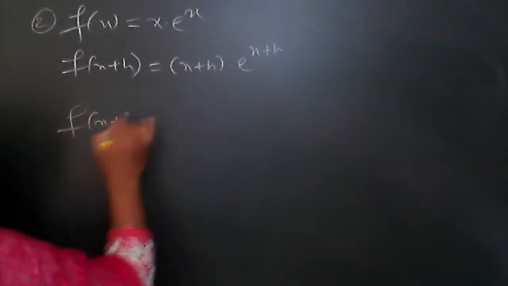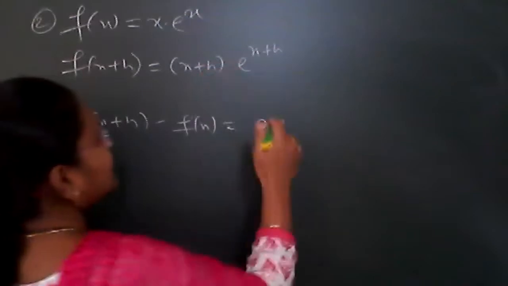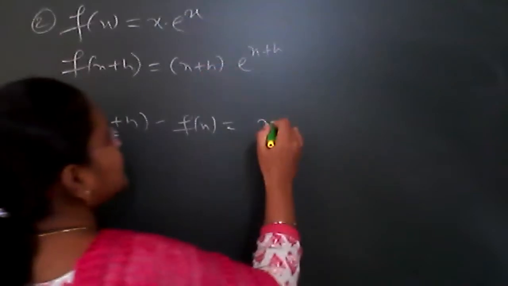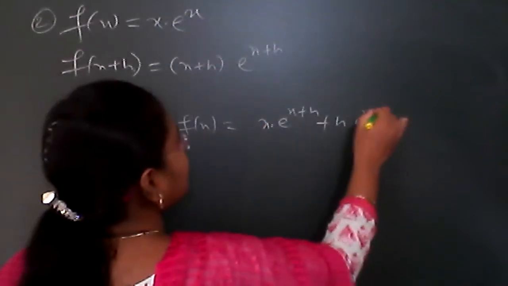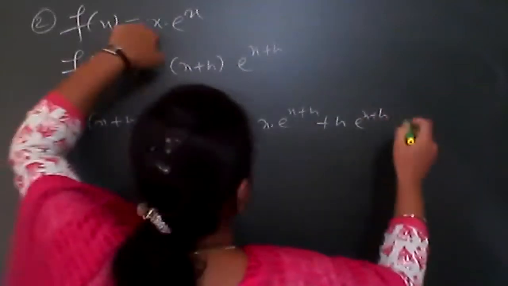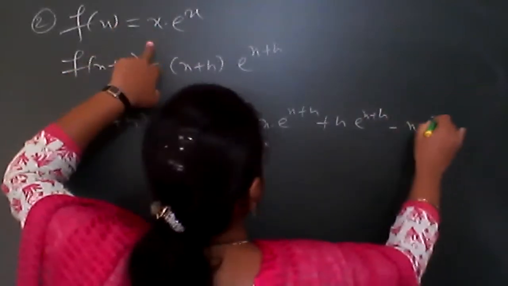Now here we'll simplify the term f of x plus h minus f of x. So it will be x into e raised to x plus h, plus h into e raised to x plus h, minus x e raised to x.